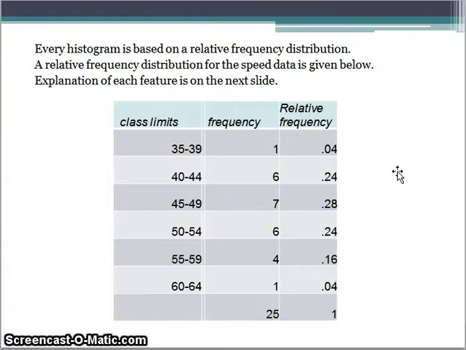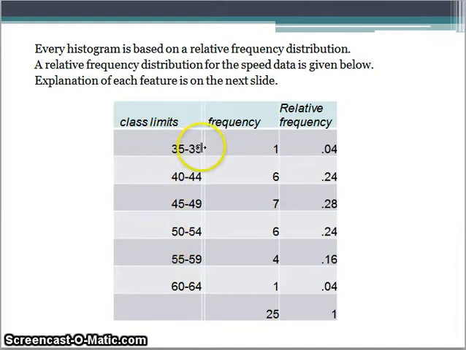So for this distribution here, the lower class limit means we start at this lower limit of 35. It means the first one starts at 35. A class width of 5 means that the next category above that is 5 above the previous one. And then we're increasing by 5 every time. So 35, 40, 45, 50.